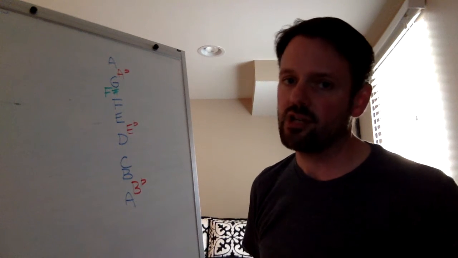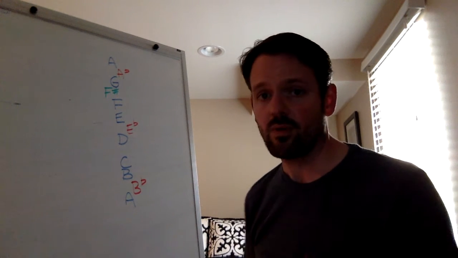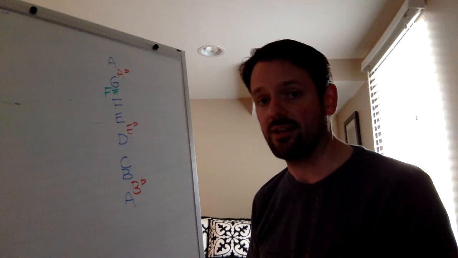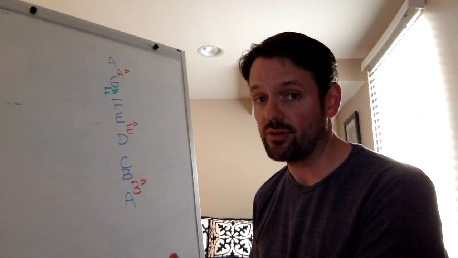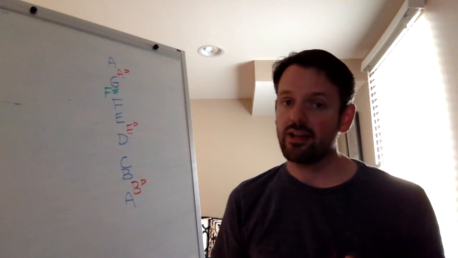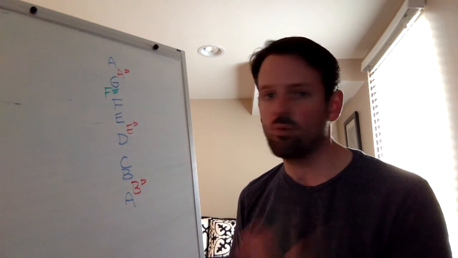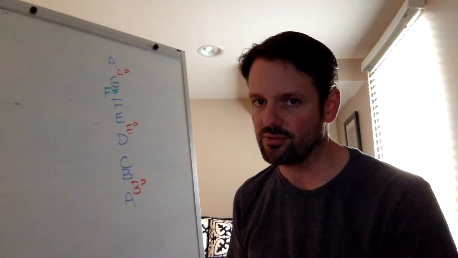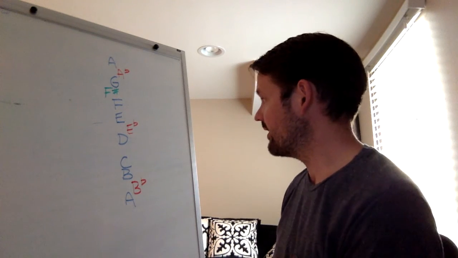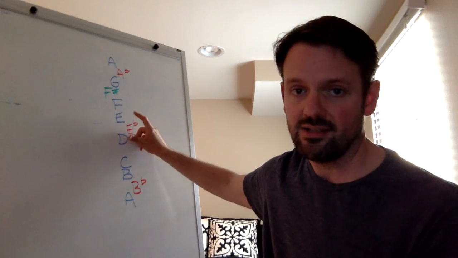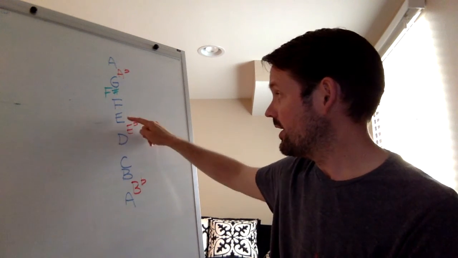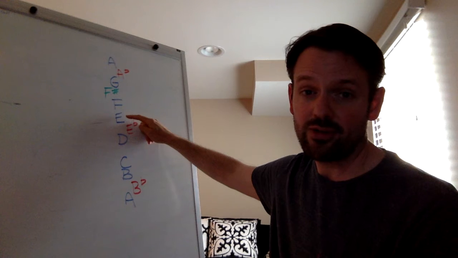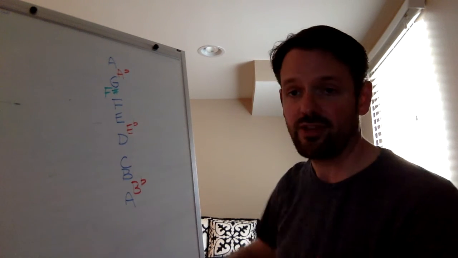Now, to figure out their enharmonic partner, all that you have to do is realize that the partner is going to be a sharp if the note is flat. The partner is going to be flat if the note is sharp. There's only one note that goes in between each of the naturals. So let's start with the note between D and E. Now, there's only one note that goes in between D and E. If we think about that note as being lower than E, it's an E flat.